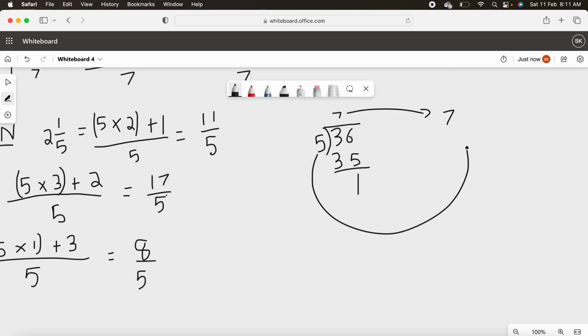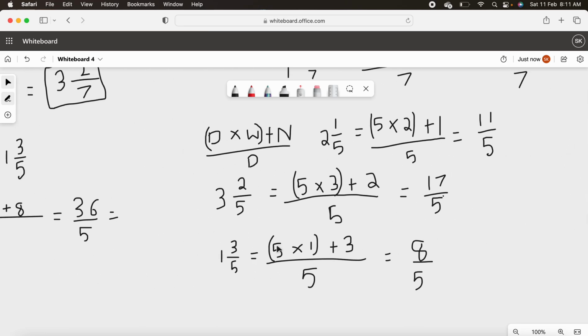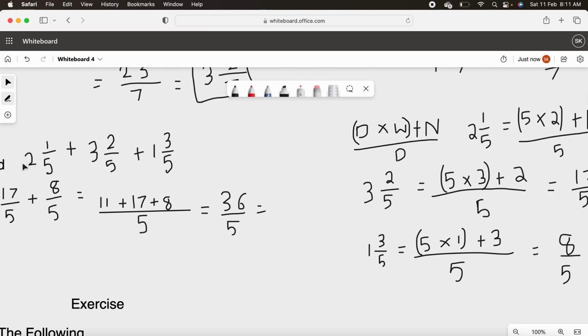This becomes the denominator 5, and this becomes the numerator 1. So the answer is nothing but 7 1 by 5. All right. So when you add 2 1 by 5, 3 2 by 5 plus 1 3 by 5, you get 7 1 by 5. Thank you.